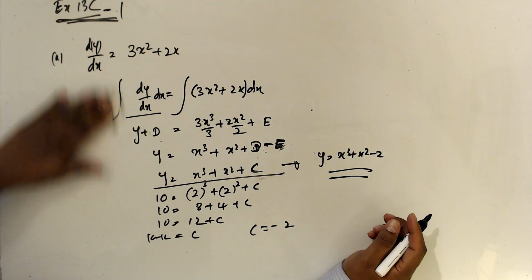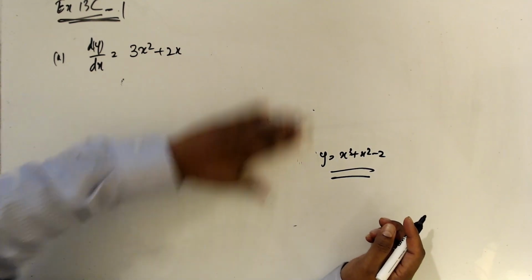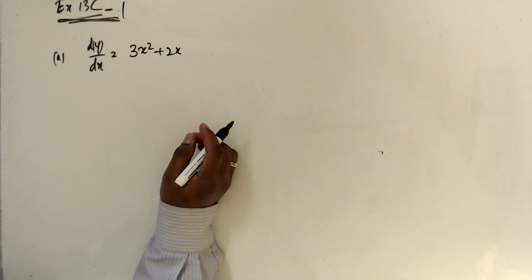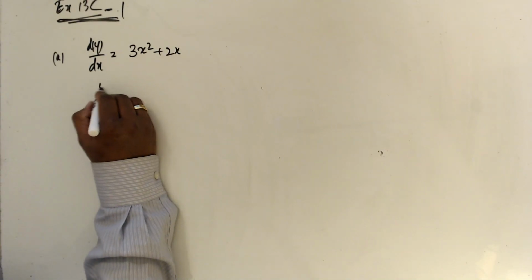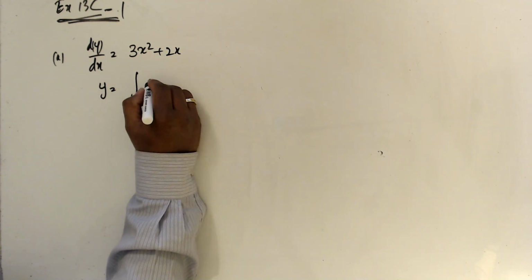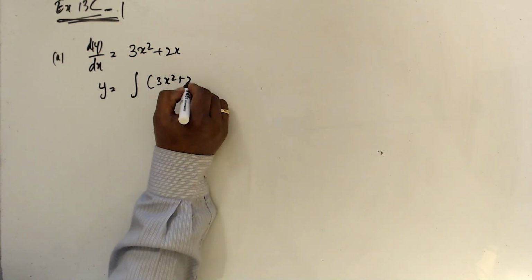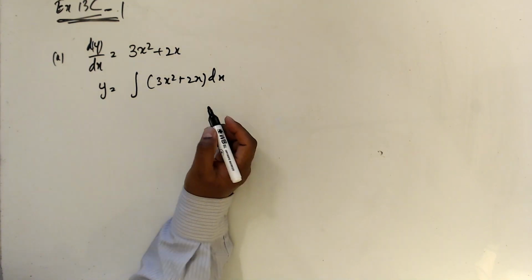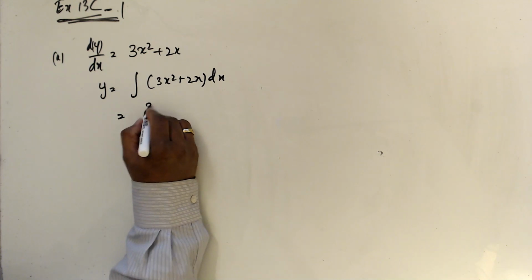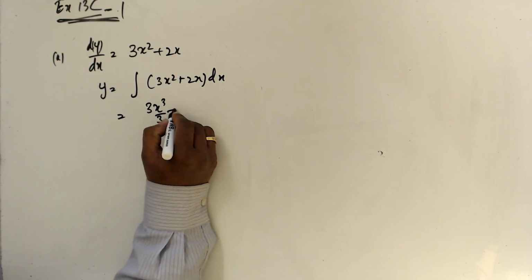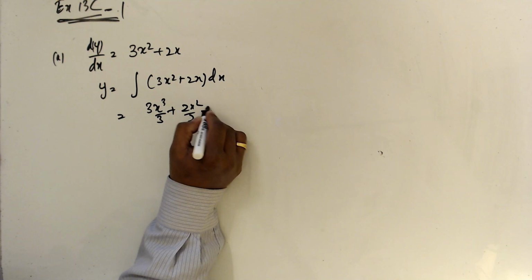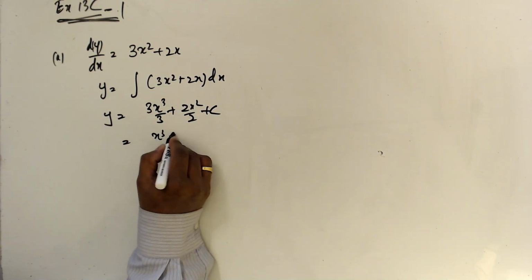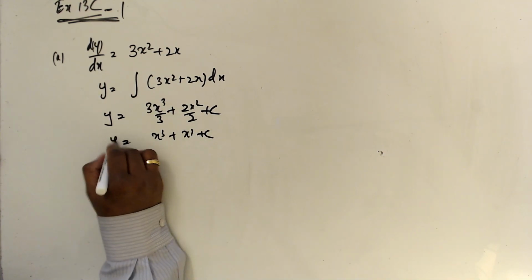I'll work this one differently. So that is a proper way of working, but I can get y by integrating this one. I avoid one step. Then this is going to be 3x cubed over 3 plus 2x squared over 2 plus c. So 3 and 3 cancel out, x cubed, x squared plus c, y.